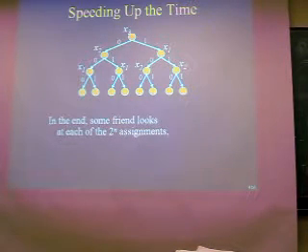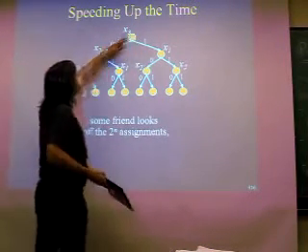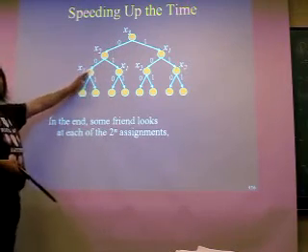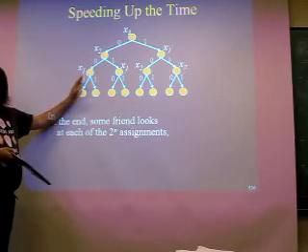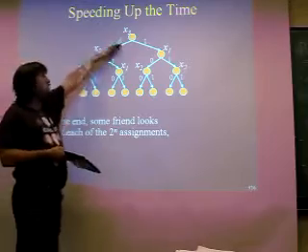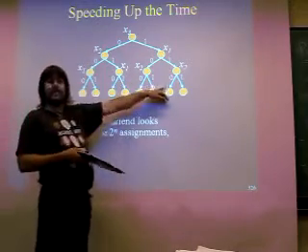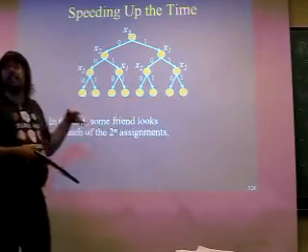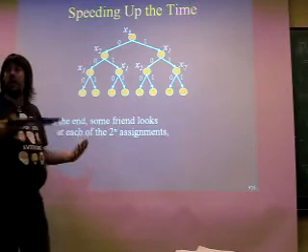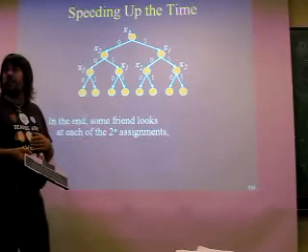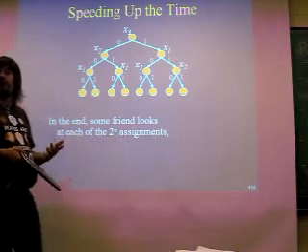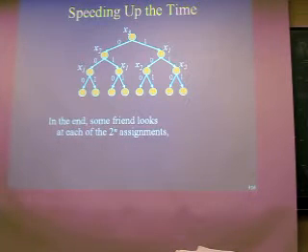But the reason it's exponential time is because if each path branches on all n variables, then the depth of this tree is n, which means the number of leaves is going to be 2 to the n. It's all possible inputs, all possible assignments to the circuit. Everybody kind of following this?